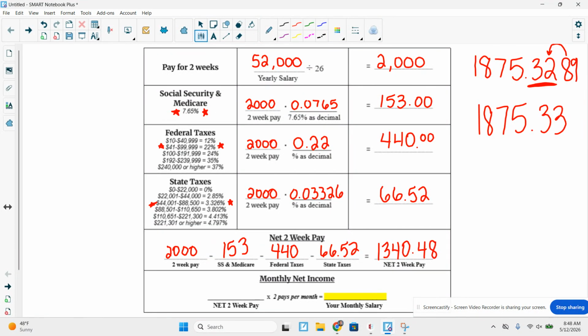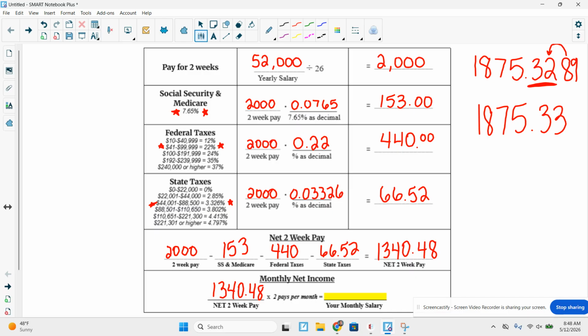Okay, now for this project, we are going to use your monthly income. That's why we take this 2-week pay, and we're going to multiply it by 2. Typically, there are 4 weeks in a month, which means you get paid about twice a month.